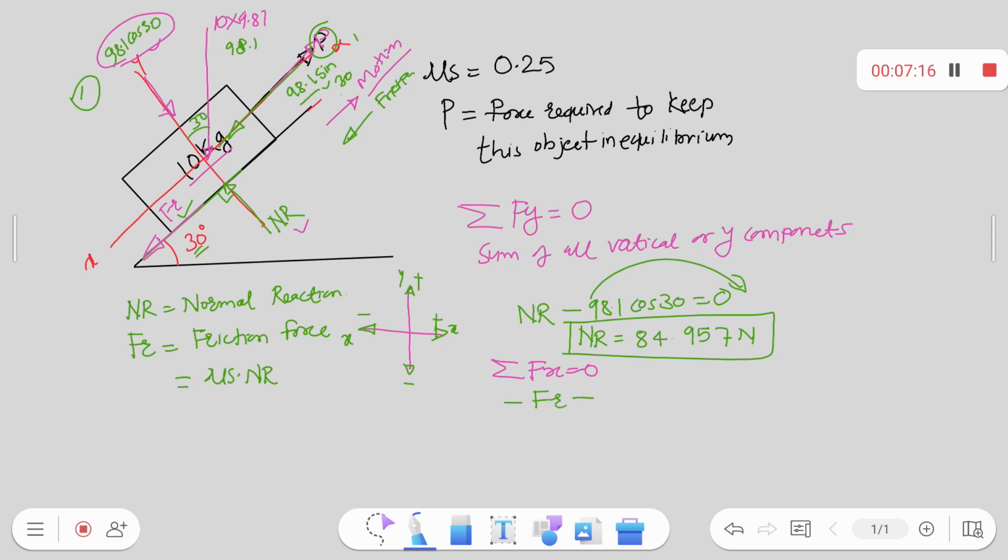P is towards plus, so I write plus P. The component of the weight, 98.1 sin 30, is towards negative, equals 0.